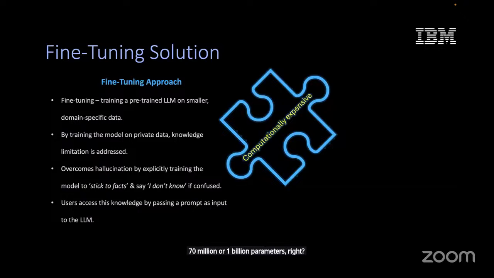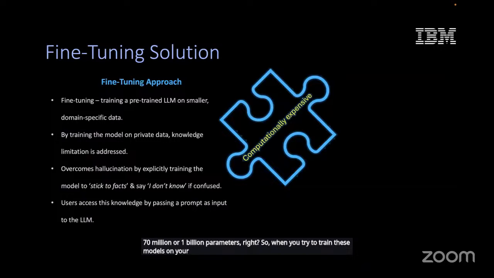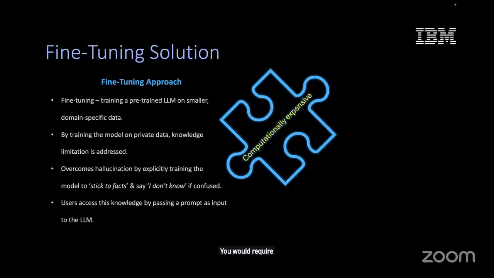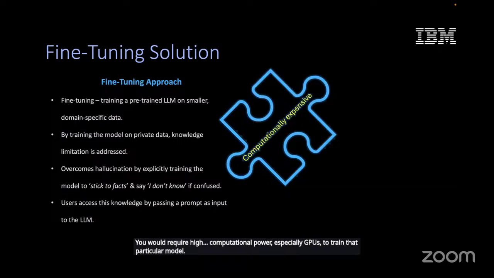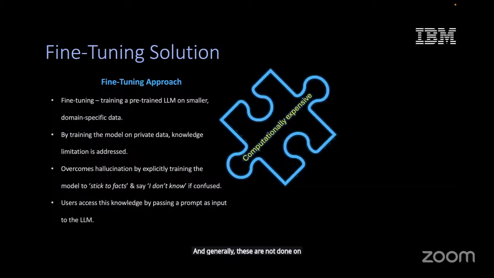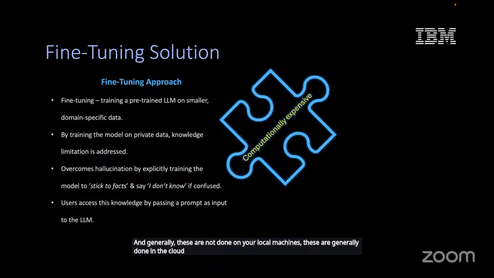So when you try to train these models on your domain specific information, you would require high computational power, especially GPUs, to train that particular model. And generally, these are not done on your local machines. These are generally done in the cloud where you have the GPUs available for you. So that's number 1 requirement for you to fine tune your models.